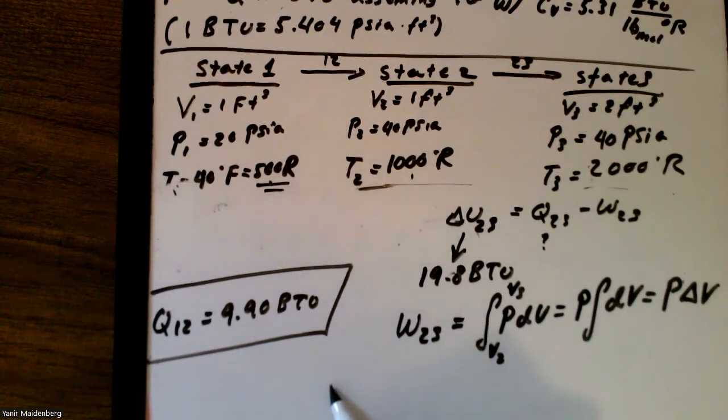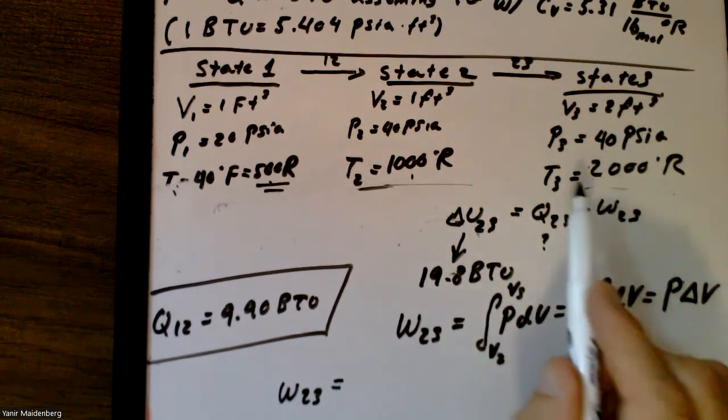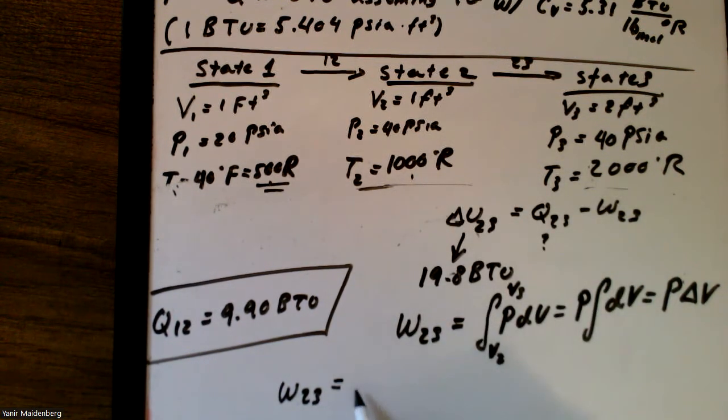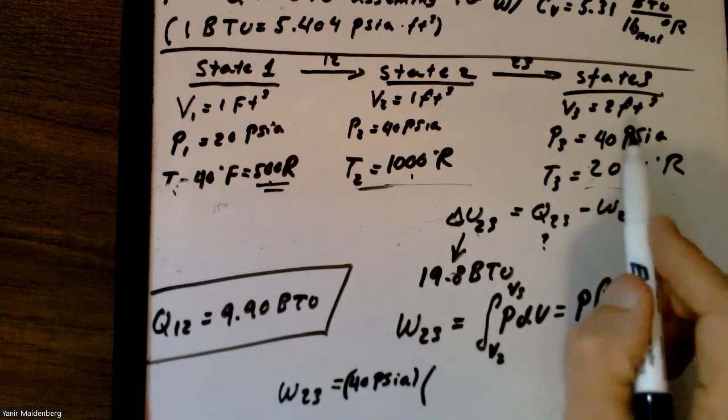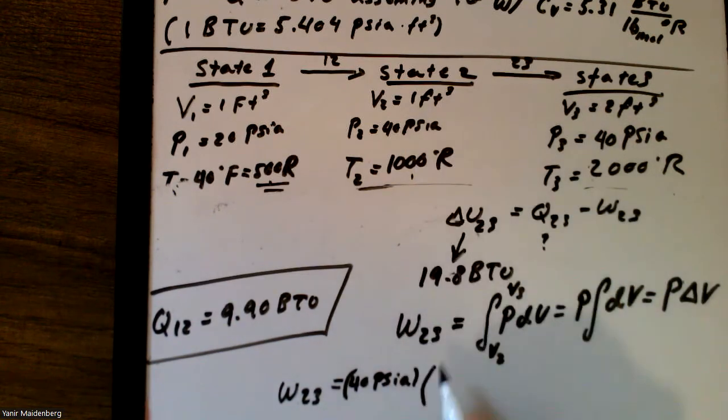So that means that my work 2-3, okay, is going to be, well, my pressure here is 40, doesn't change for us, it's 40 PSI. And my change in volume is from V3 to V2. V3 is 2, V2 is 1, so it's just 2 minus 1 foot cubed. Okay.